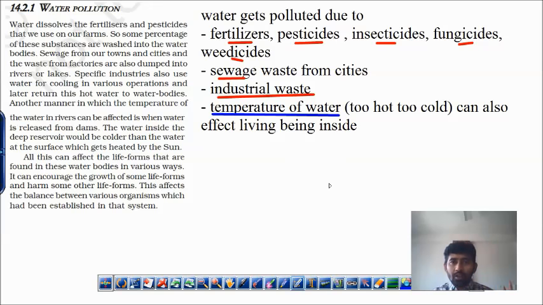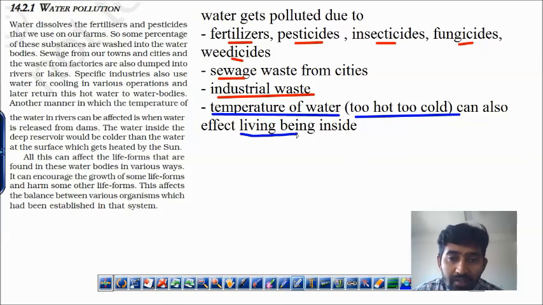You can take a glass of water and drink also, कुछ नहीं होगा. फिर भी पोल्यूशन गिना जाएगा क्योंकि वो पानी का टेम्परेचर गलत है. ग्लोबल वार्मिंग तो सुना है, एंड बिकॉज ऑफ ग्लोबल वार्मिंग टेम्परेचर ऑफ वाटर इज ऑल्सो राइजिंग. तो पानी कितना भी क्लीन हो, बट इफ द टेम्परेचर इज नॉट करेक्ट, दैट इज ऑल्सो कॉल्ड वाटर पोल्यूशन. Too hot or too cold water destroys the living beings inside it. Therefore, it is called water pollution.